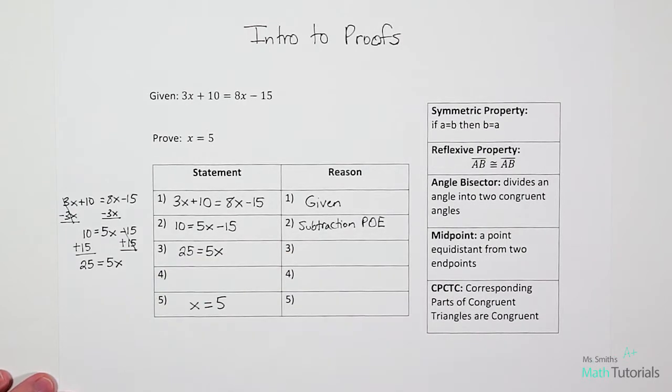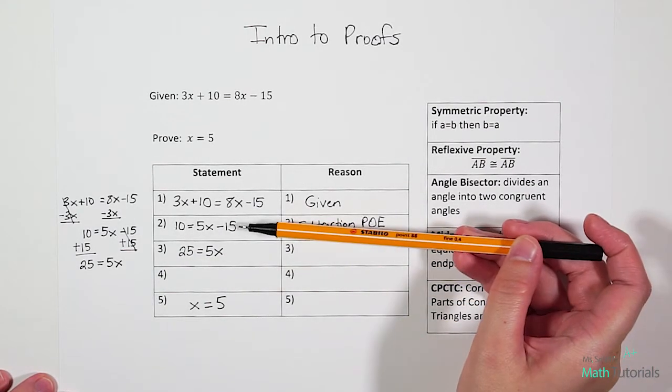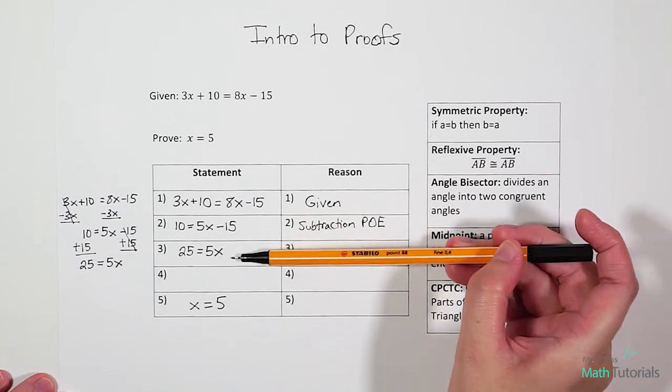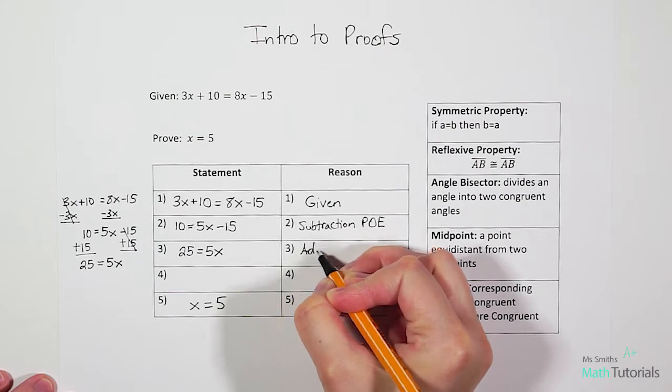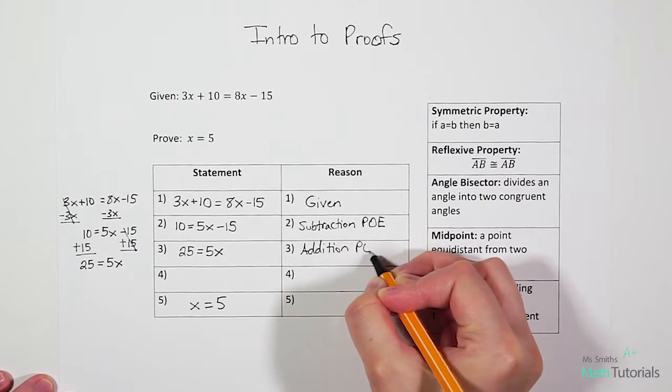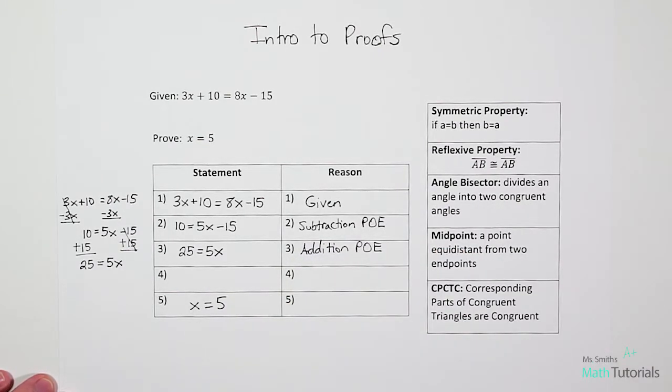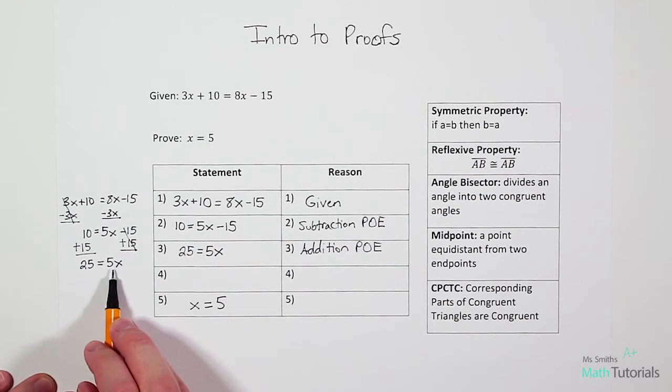Now what did we use to go from step 2 to step 3? Well, looking back at our work, we added. So for this one, we used the addition property of equality. And again, I'm just going to shorthand property of equality as POE. Looking at this problem now, this is 5 times x.